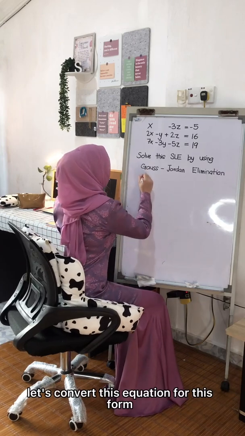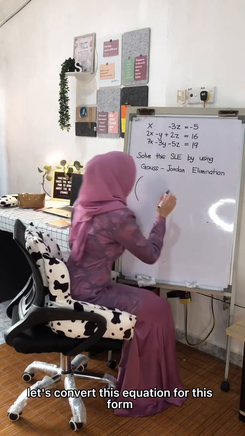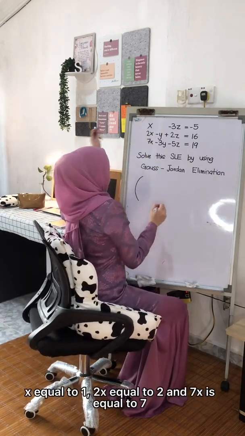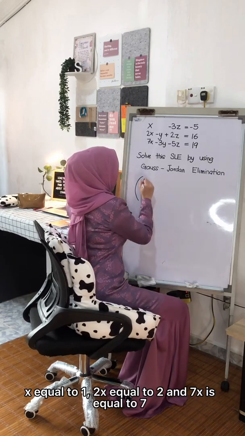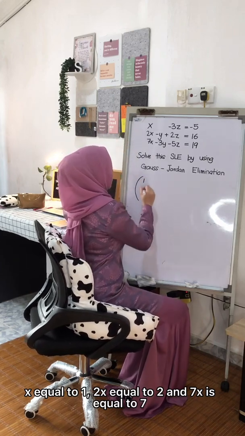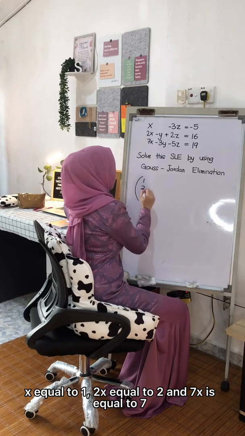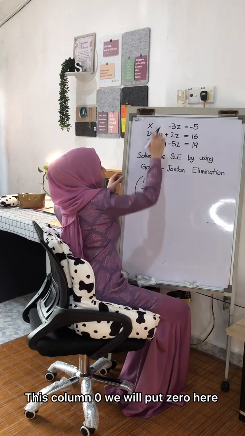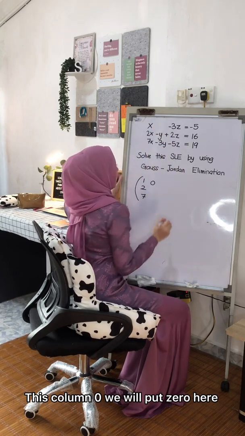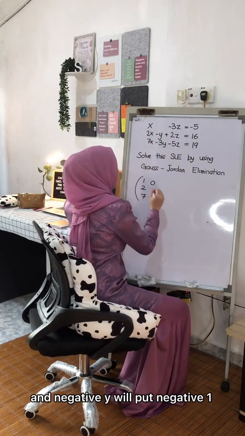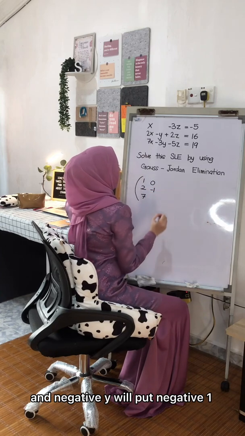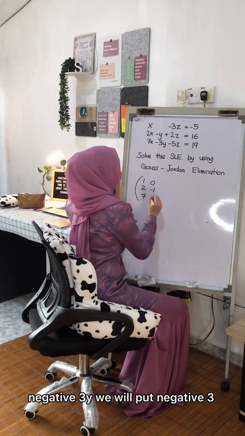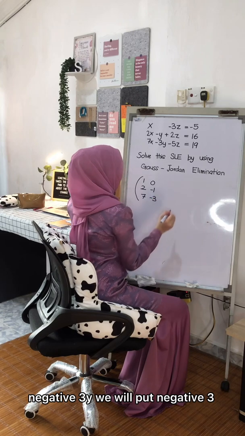Let's convert these equations to this form. x equal to 1, 2x equal to 2, and 7x is equal to 7. In this column, 0, we will put 0 here, and negative y, we will put negative 1. Negative 3y, we will put negative 3.